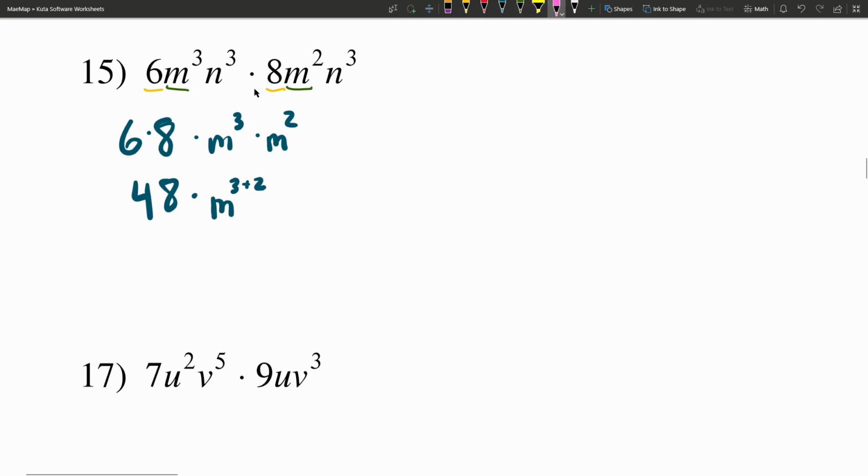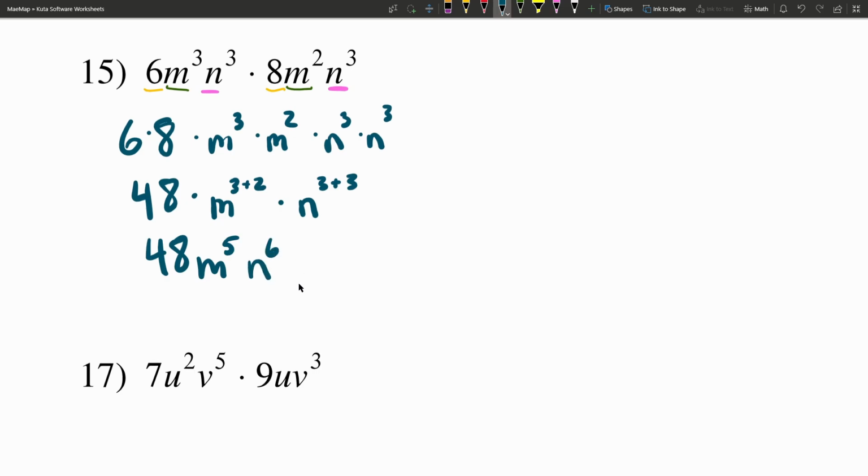And then lastly, my base of n cubed can be combined with n cubed, where n cubed times n cubed is n to the 3 plus 3. Now simplifying this down, I have 48 times m to the 3 plus 2, which is m to the 5th, times n to the 3 plus 3, which is n to the 6th. That's my solution for number 15.